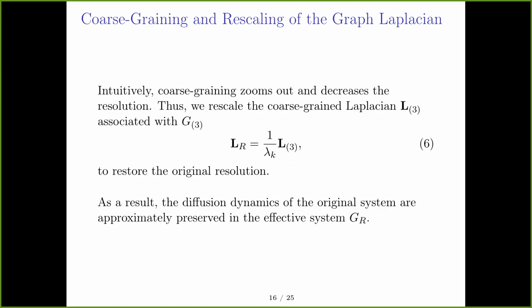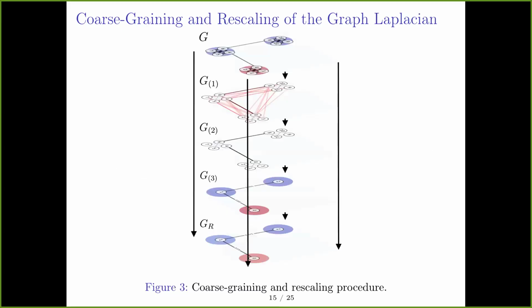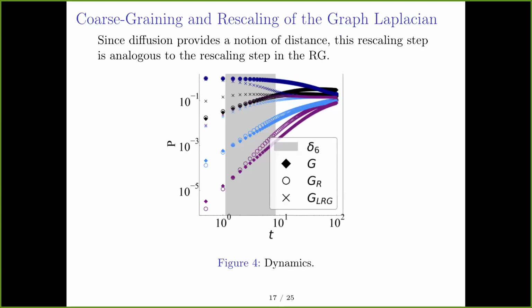What this shows is that we can now accurately compare our new coarse-grained and rescaled system, which we call the renormalized system, with the diffusion dynamics of the original one. What we just plotted is the probability over time for information, starting at the first cluster, to stay there, to walk to the first cluster, or to walk to the next cluster.